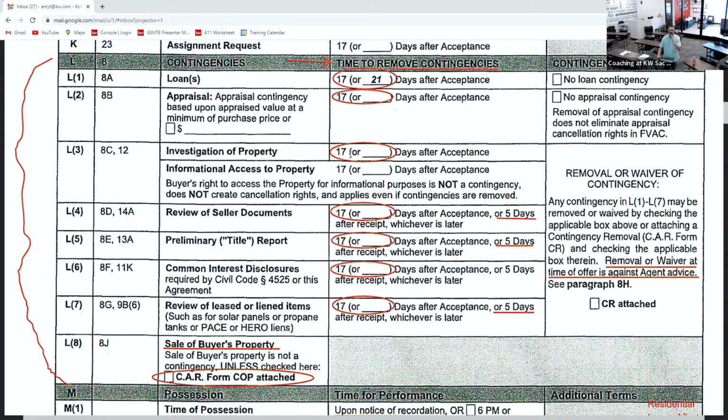It happened automatically on day 17 or day 21 or whatever day it was. The problem was a lot of real estate agents weren't keeping an eye on those dates, and it was costing their clients money in the form of lost earnest money deposits, because the client decided they didn't want to go through with the sale, and that contingency had been removed automatically.